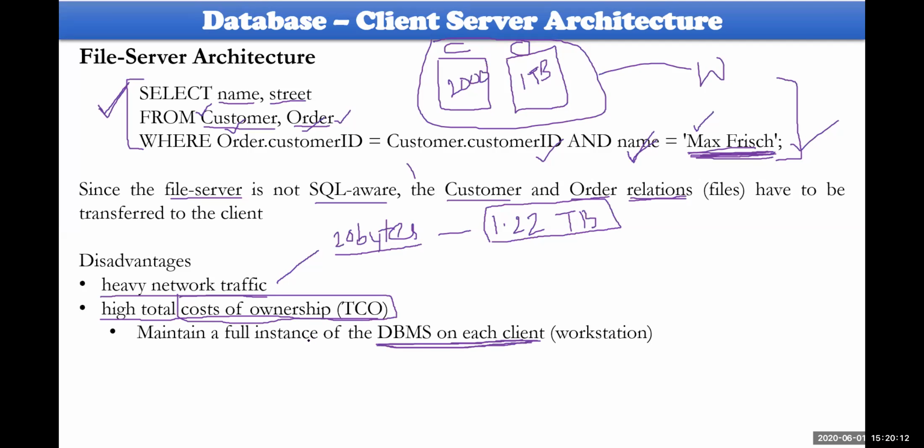But every database management system must be loaded into the workstation, so a very huge amount of cost will be incurred while you establish your file server architecture. This is also a very important disadvantage. Okay, these are the two disadvantages.